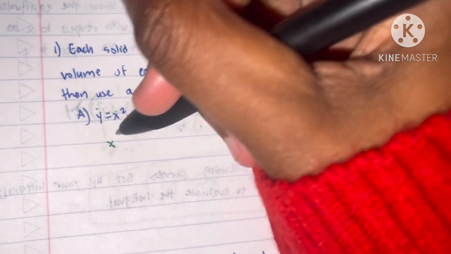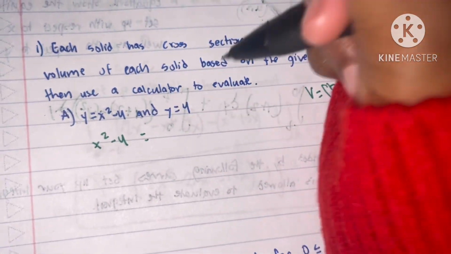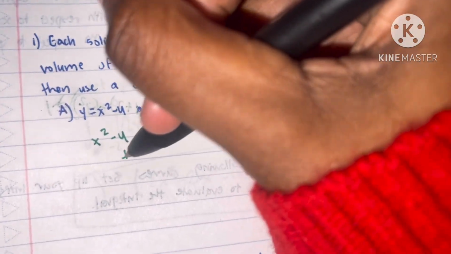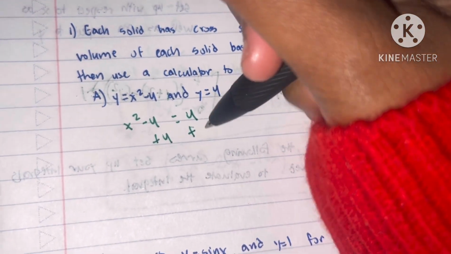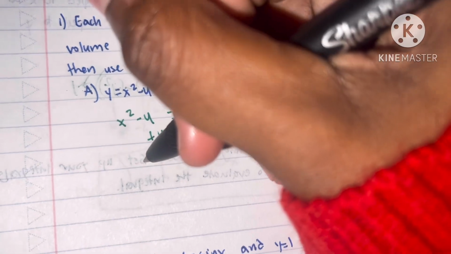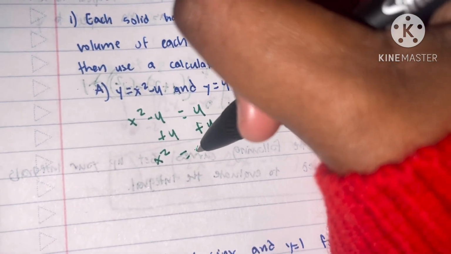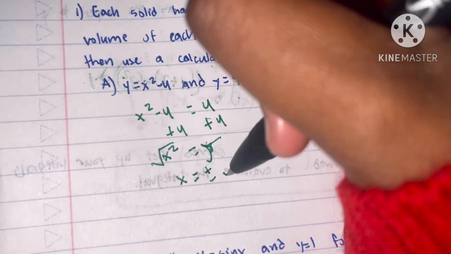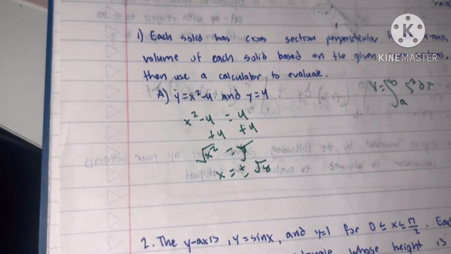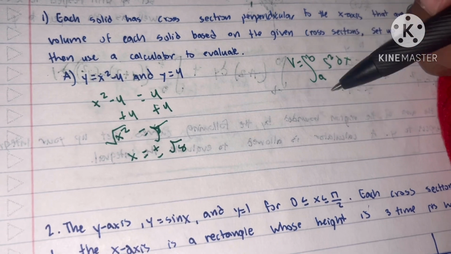So it'll be x squared minus 4 equals 4, plus 4 on both sides, so x squared equals 8. So x equals plus or minus square root of 8. And those are your x-intercepts, the regions where it's bounded.